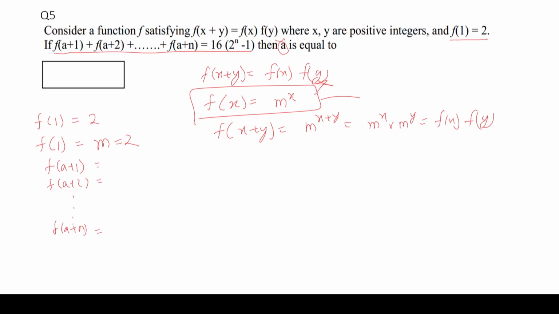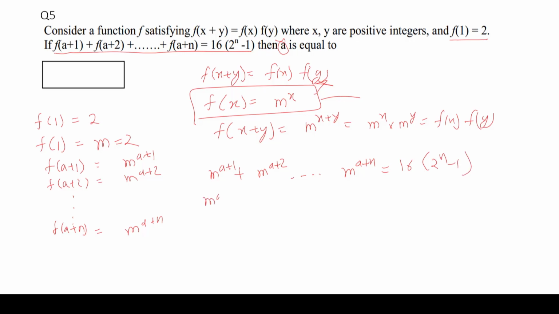Now on putting the value of x as a plus 1, we will get m to the power a plus 1, m to the power a plus 2, and so on up to m to the power a plus n. Putting these values, we get m^(a+1) plus m^(a+2) and so on up to m^(a+n) equals 16 into (2^n minus 1).